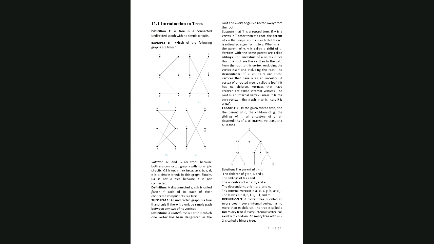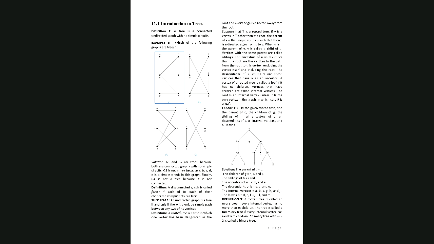For example number one, see here the graph G1. Is this graph a tree or not? Let's suppose the first graph. See, this is one part, mean it is connected. There is no arrow on edges, so this is undirected.